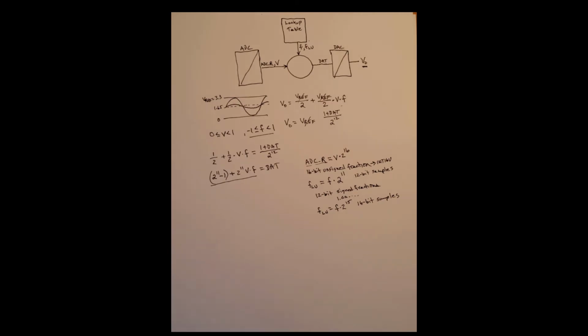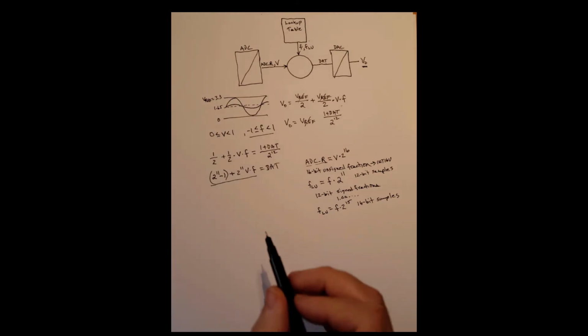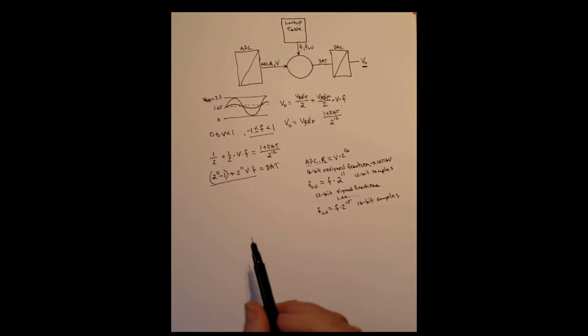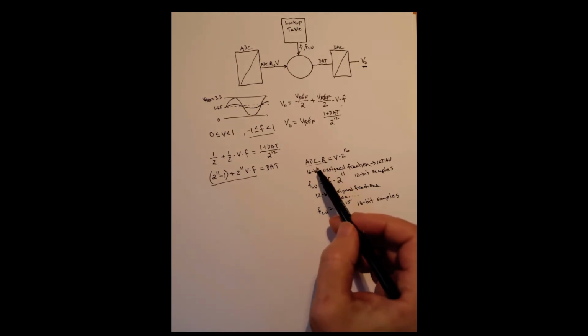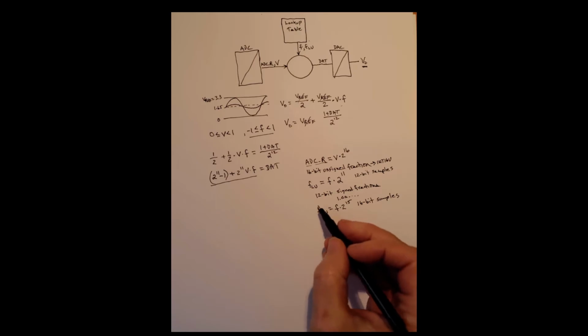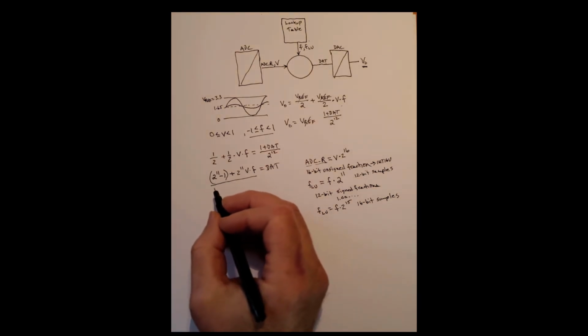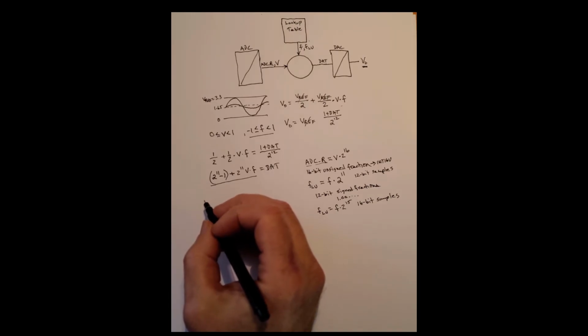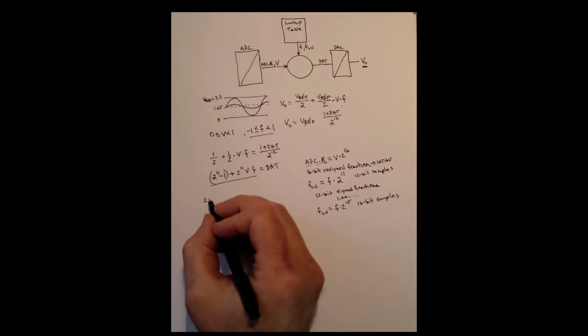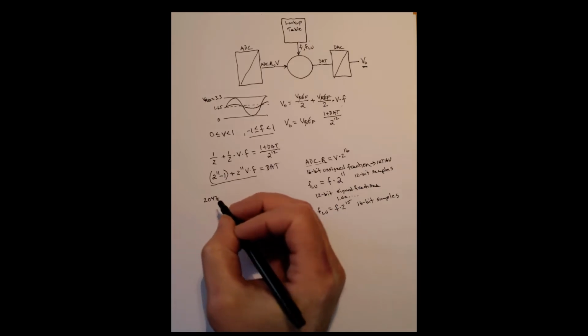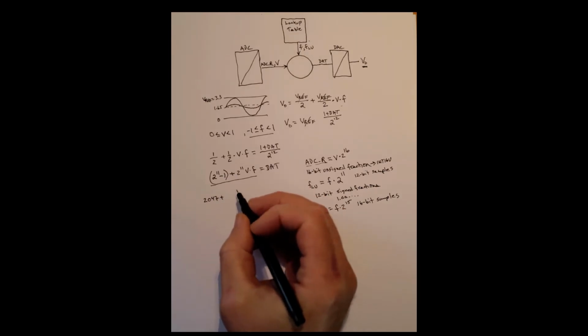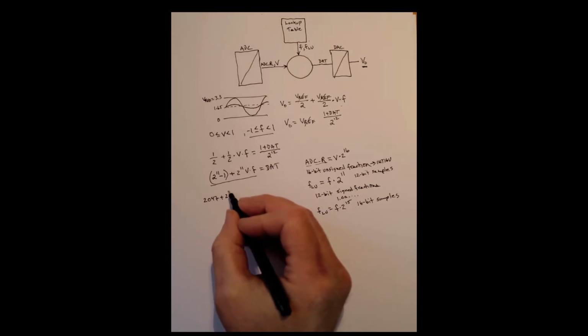All right. So now we have this equation, but we need to get it in terms of the ADC sample and the lookup table values. So we take 2 to the 11 minus 1, which is equal to 2047, plus 2 to the 11.